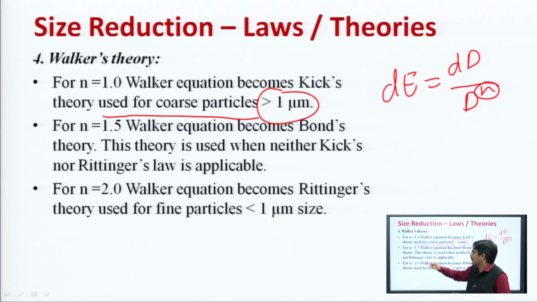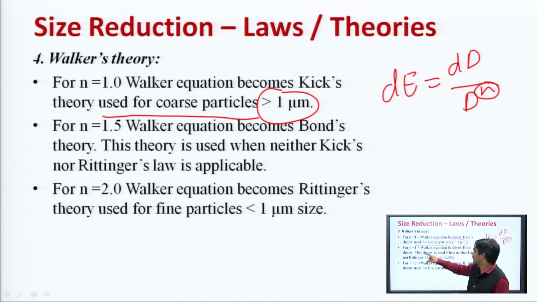If the value of n is equal to 1.5, that means slightly more than the previous case. In the previous case, n is equal to 1, Walker's equation becomes Kick's theory.